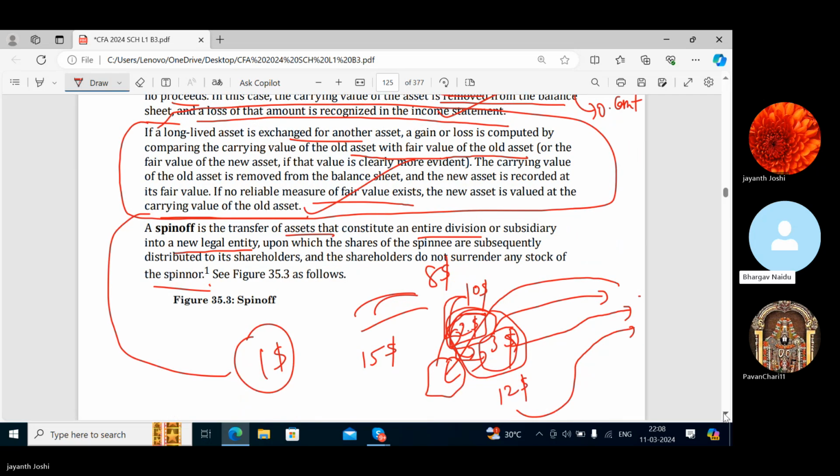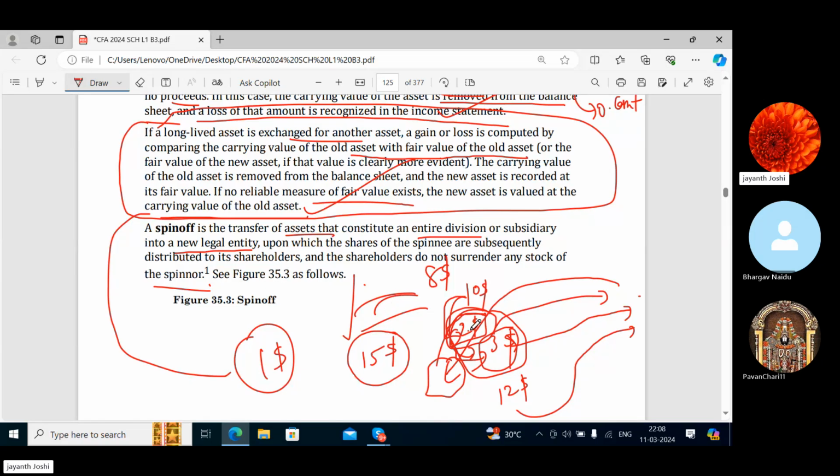And the new asset will be recorded at? Now the asset you are getting is totally $15. That will be shown as $15. See, what is happening is you have an asset of $10. Today its carrying amount is $2. Now you are exchanging this with the other company, and the asset you are going to exchange with the other company values $15, its market value.